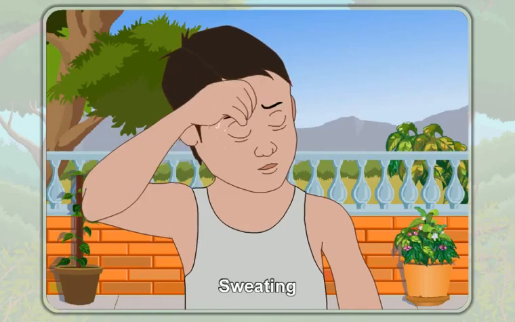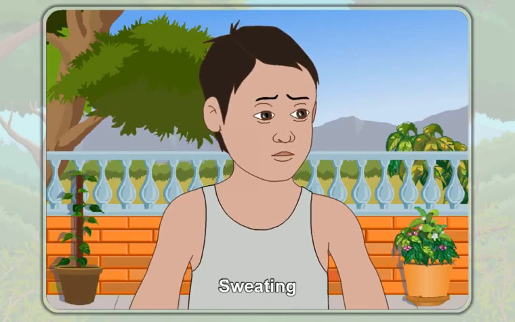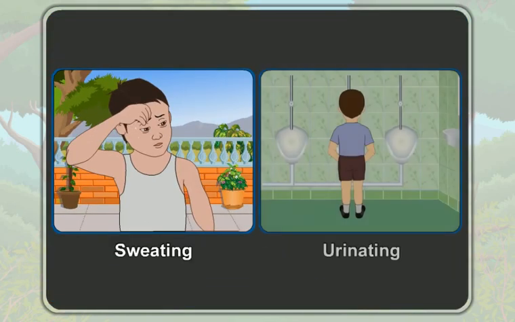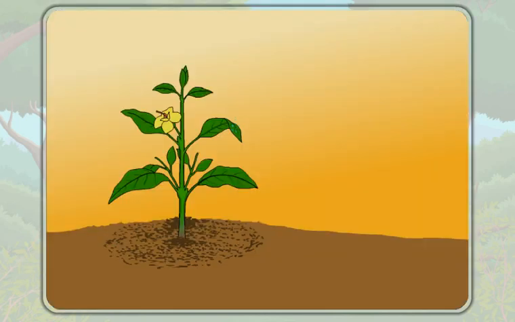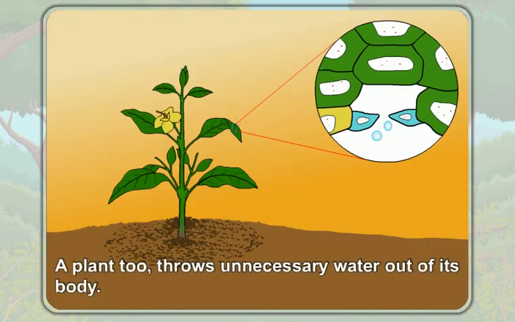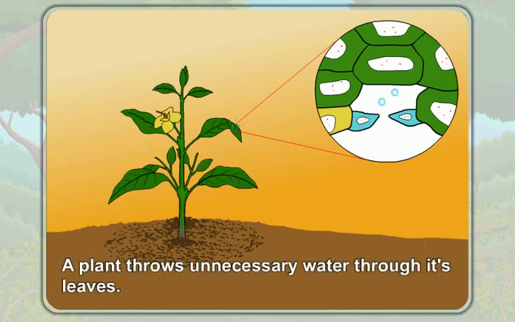We throw unnecessary water out of our body in the form of sweat and urine. Like us, a plant too throws unnecessary water out of its body. A plant throws unnecessary water through its leaves.